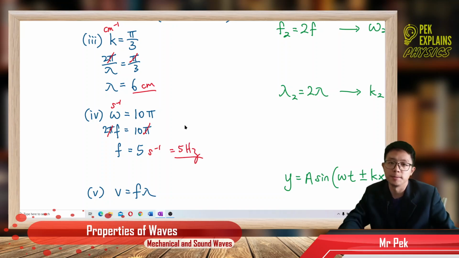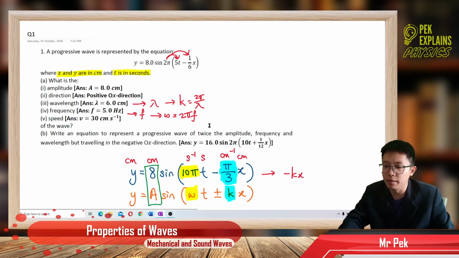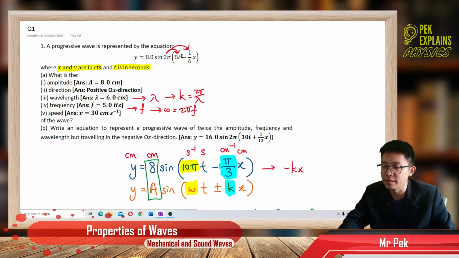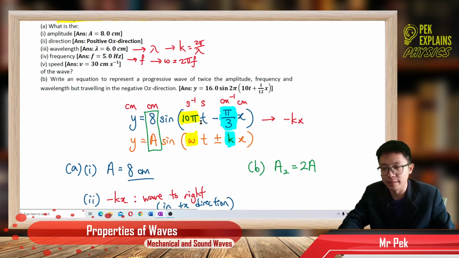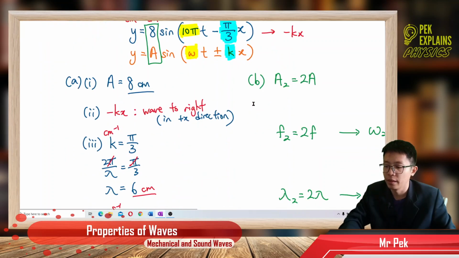Sometimes be careful, the time is in millisecond. Then if the time is in millisecond, our ω is per millisecond. So you must check the unit. The amplitude follows the y, the wave number follows the x, and the ω follows the time. Be careful with the unit.